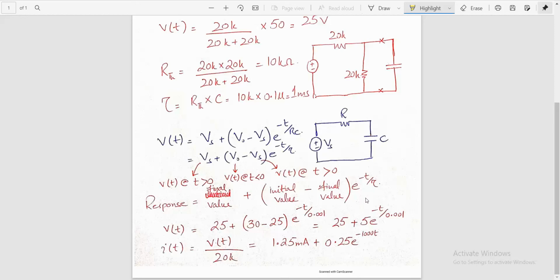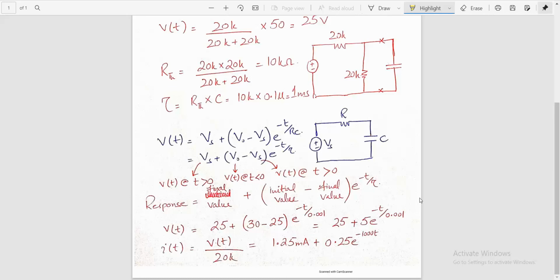So I'm going to generalize this equation. The response V of t can be written as final value plus (initial value minus final value) times exponential of minus t over tau, right?